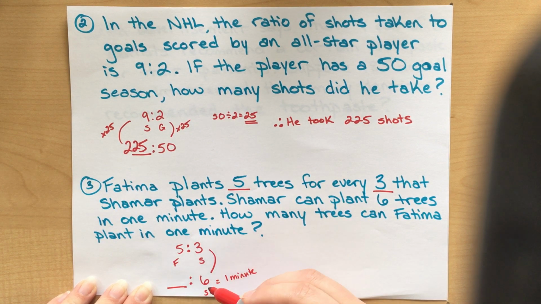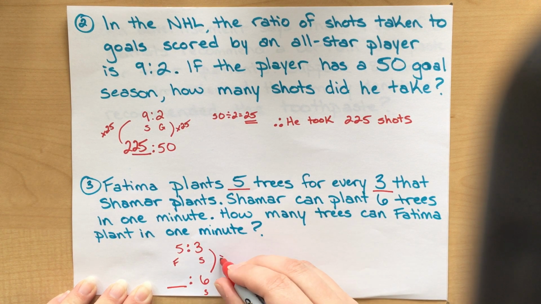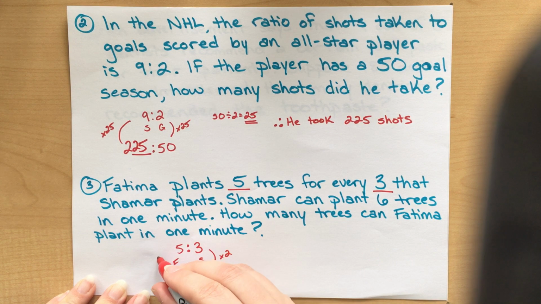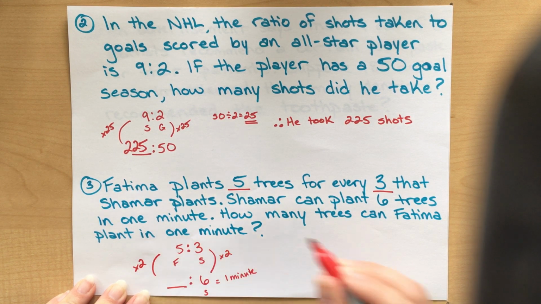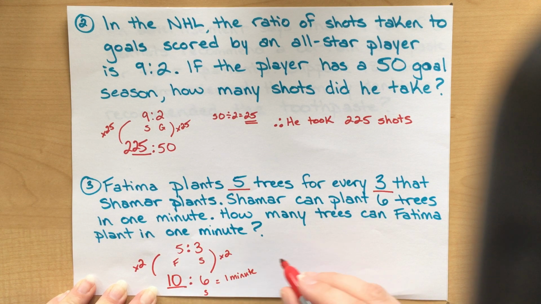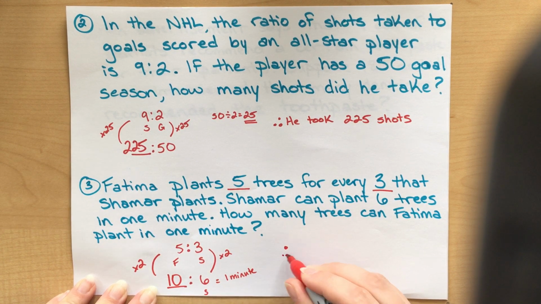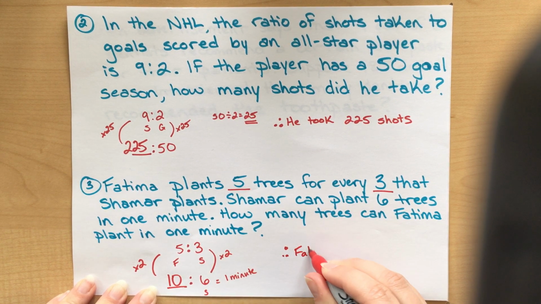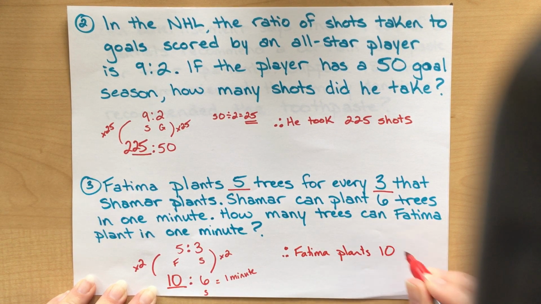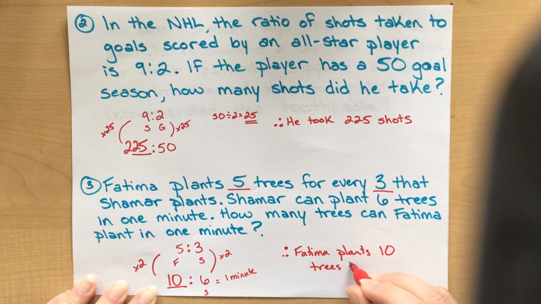So how did I get from the 3 to the 6? Okay, that's a simple multiplication. The number is growing. It's times 2. What I do to one side of the ratio, I have to do to the other. 5 times 2 will give me 10. Okay, so therefore, Fatima plants 10 trees in 1 minute.